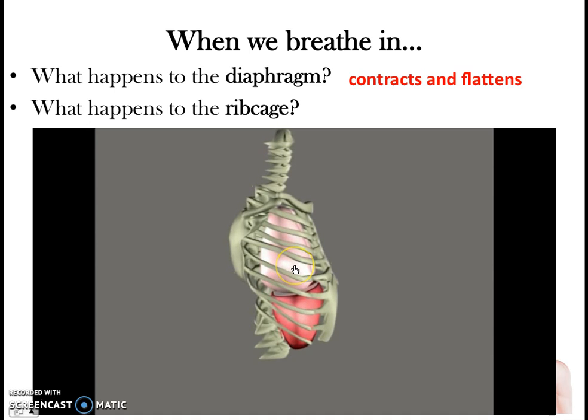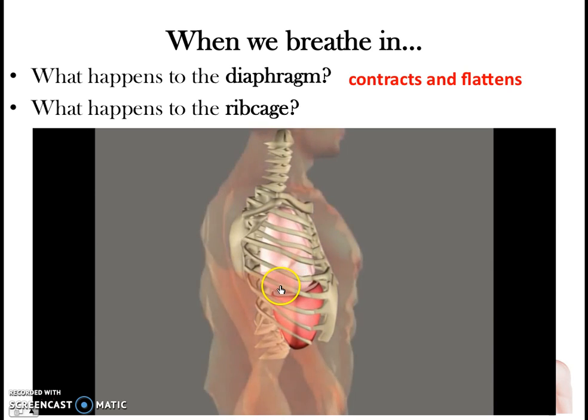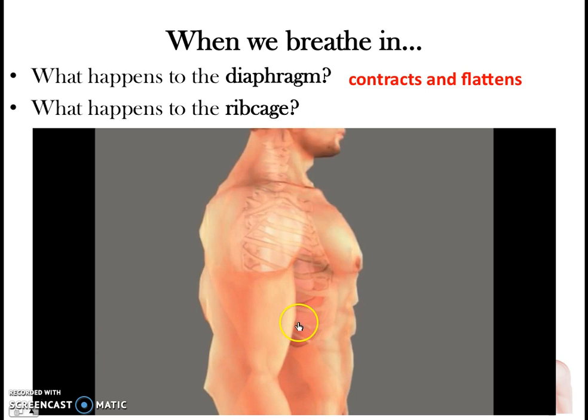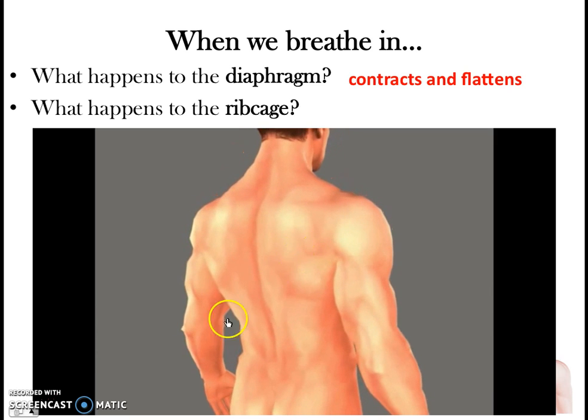And when the person breathes in, you can see his rib cage moves up and outward. So one last time, breathe in, the diaphragm will flatten out, and the rib cage will move upward. Alright? Hopefully that makes sense. So the diaphragm will contract and flatten when you breathe in, and the rib cage will move upward and outward.